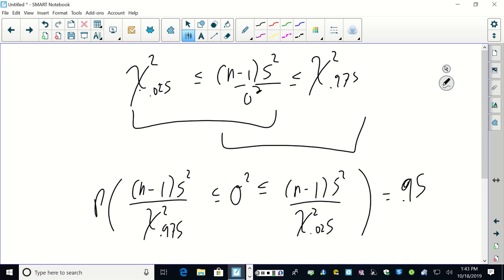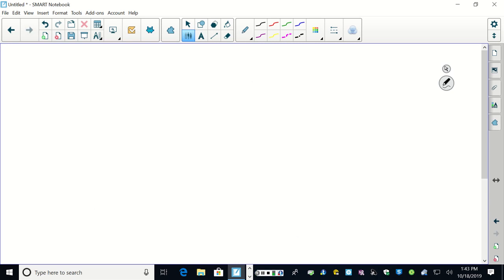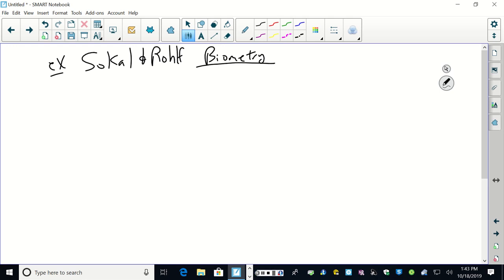There are a few other pivots that are common, but not a whole lot more, but that's the general idea. So let's say we have an example. I took an example from a book by Sokal and Rohlf, a classic book called Biometry, the third edition, about page 50.